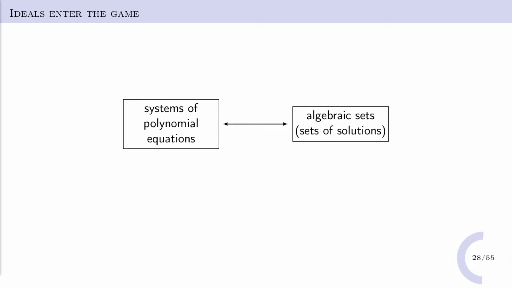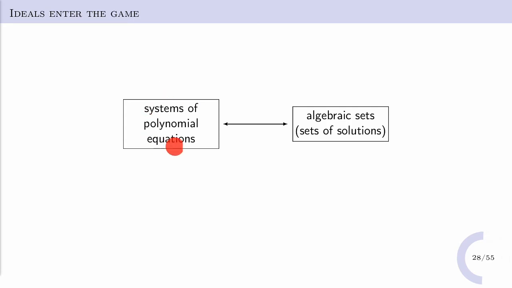First thing is that we need to change perspective of viewing the system of polynomial equations. We need to introduce an intermediate agent between the system of polynomial equations and the set of solutions. Of course, we start here.